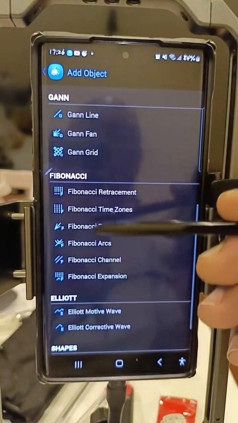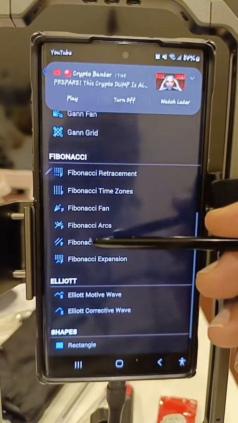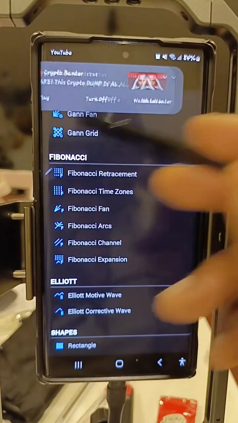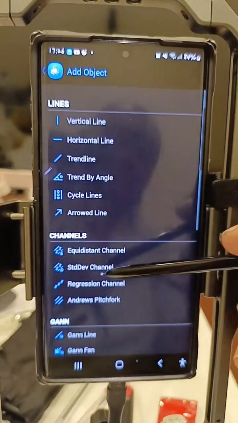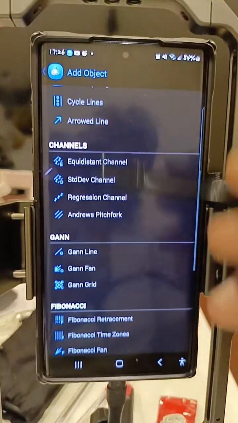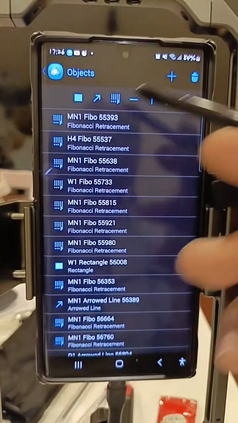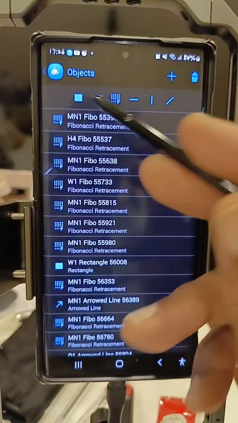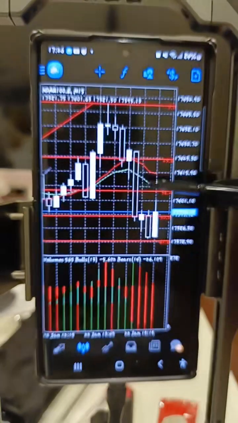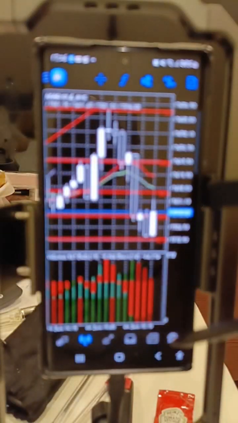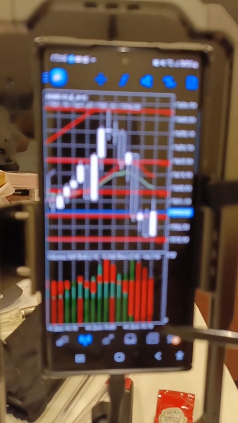I'm just going through and showing how you can use some of these. The ones that I use are just the fib and the arrow. I also use the rectangle. Thank you very much for your question.